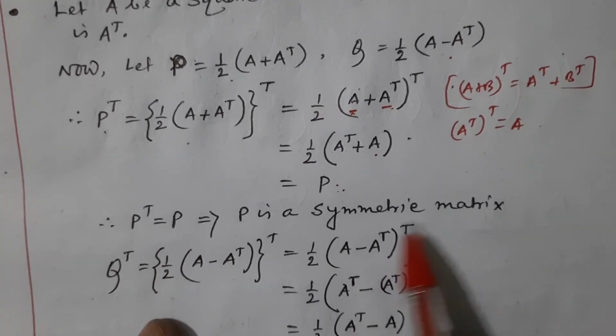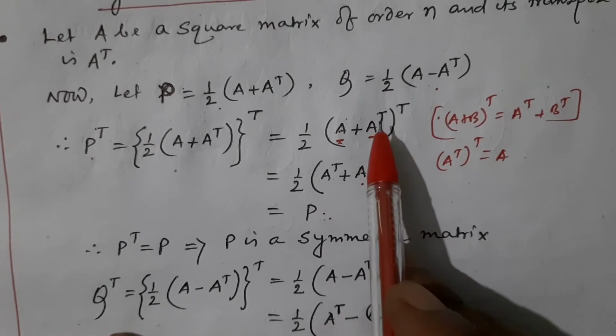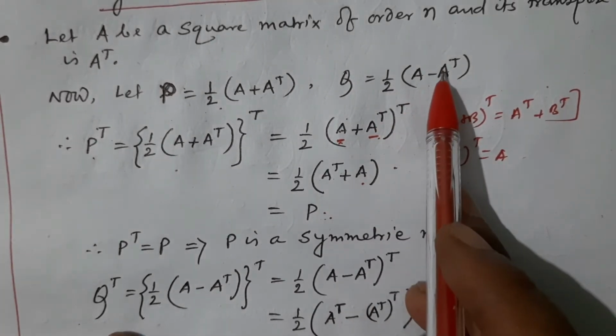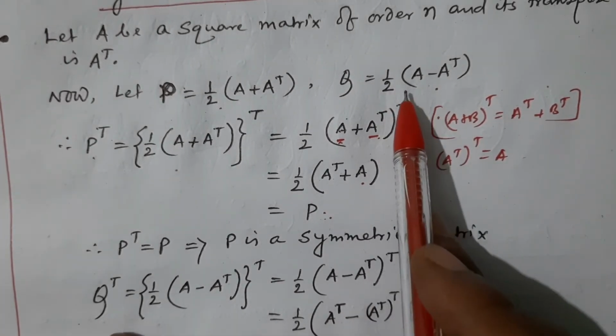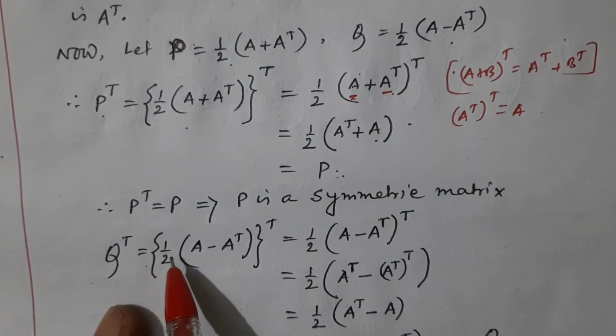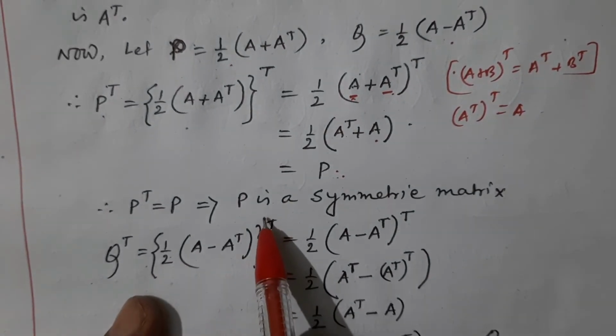Again, Q is half into (A minus A transpose), so we consider the transpose, Q transpose, that is half into (A minus A transpose) whole transpose.